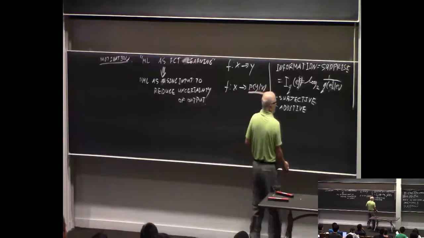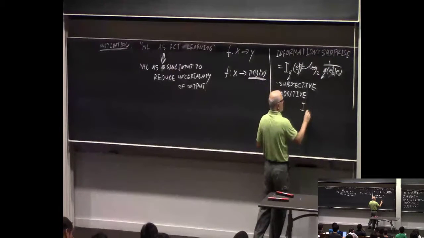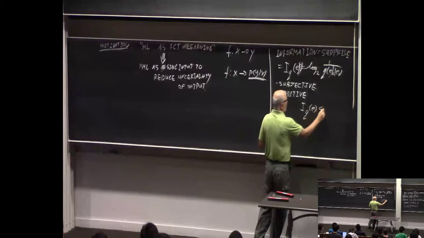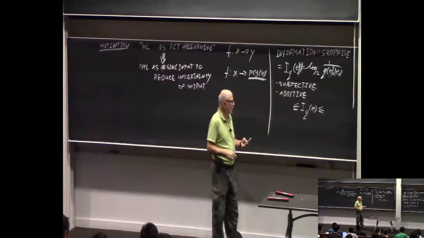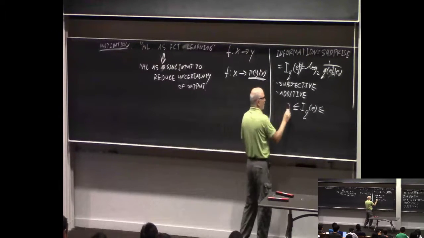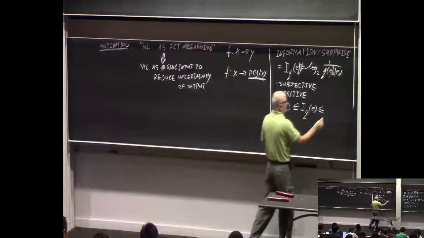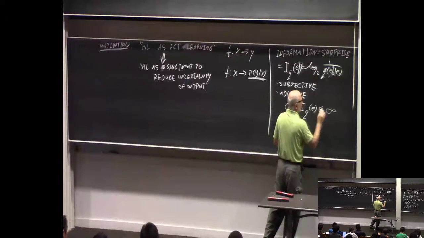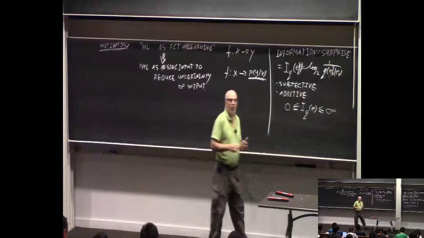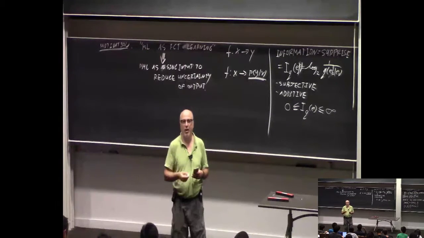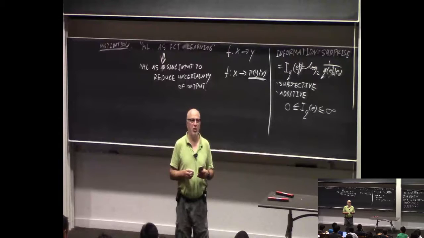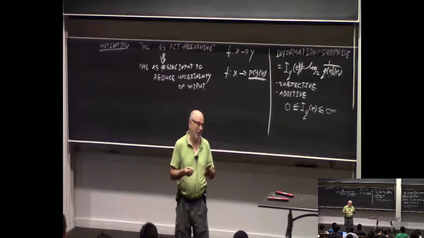What values can information take? I think we went this far as saying non-negative numbers. It can achieve 0, it can achieve infinity if you are foolish enough to expect that something has a 0 probability of happening and it happens.